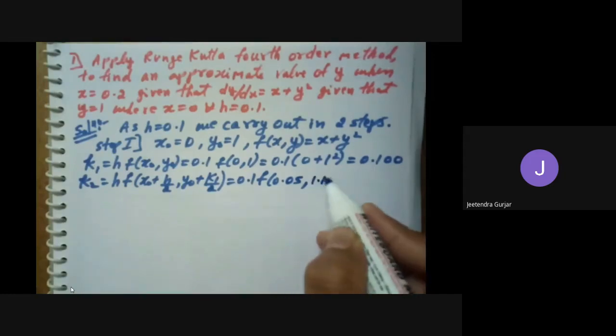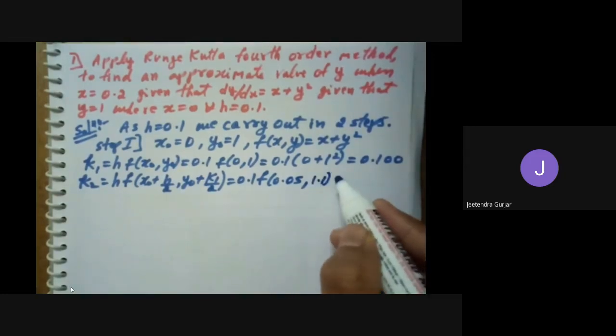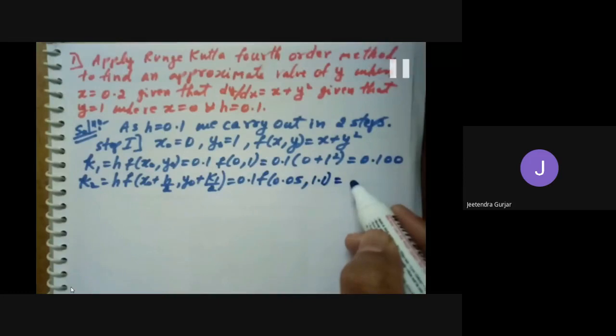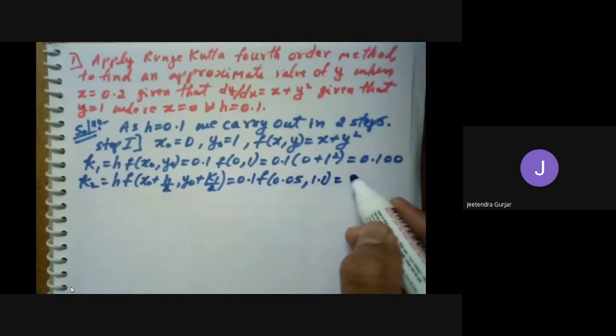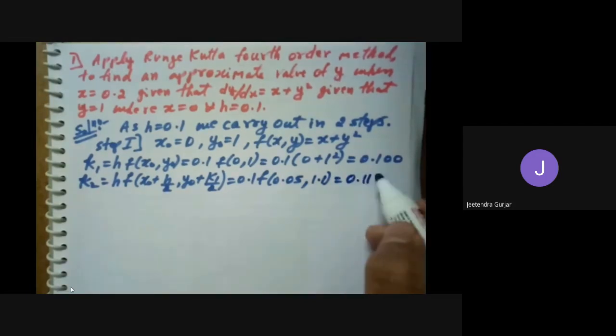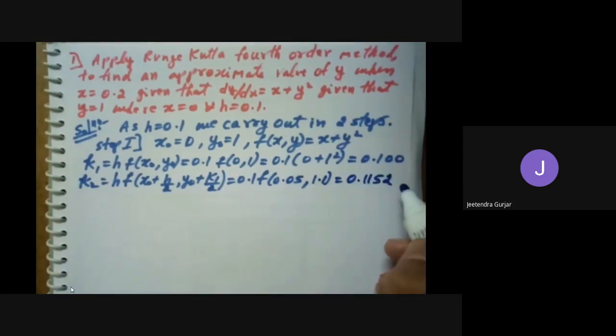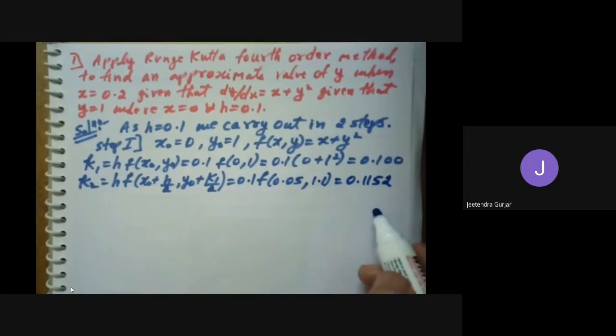It is 1.1. Yes, very good, student. So like this you have to simplify. Now substitute in the given function. So x here is 0.05 and y we get 1.1. So when you simplify this function, students, please write down fast, it is 0.1152. So this is how we are finding the k2.